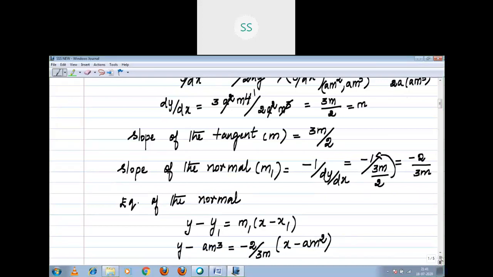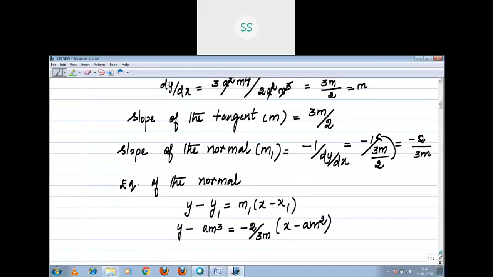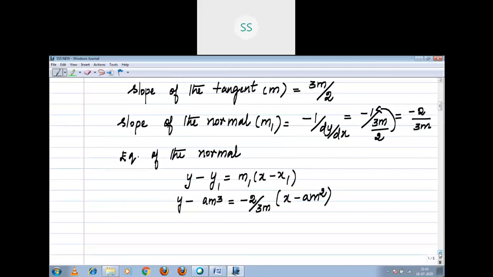Then you are going to simplify. You use 3m and cross multiply. What you will get? 3my − 3am⁴ = −2x + 2am².